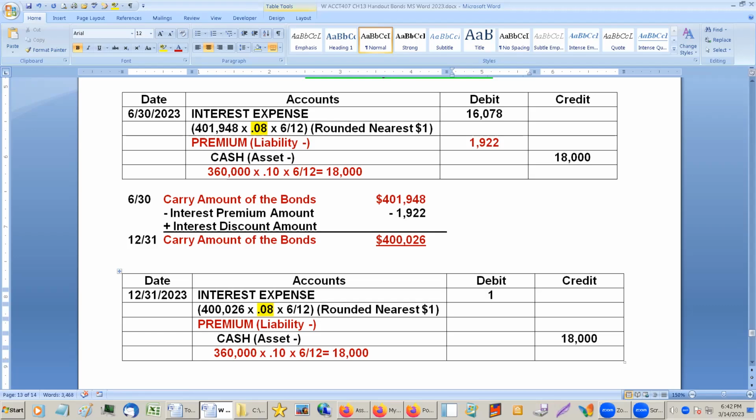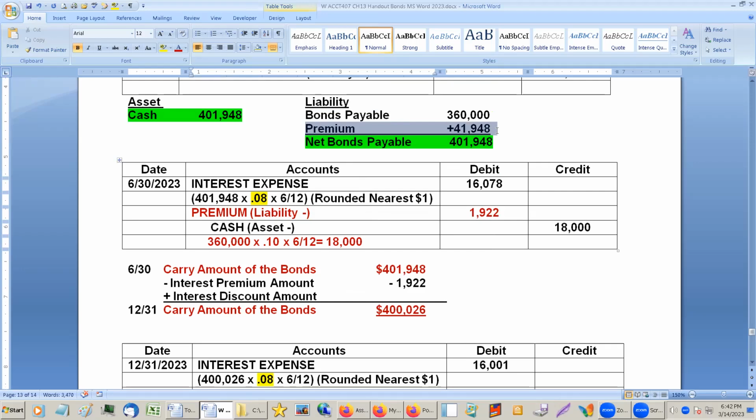$16,001. So that is... and this premium is gonna keep going down and down and down until it goes to zero.